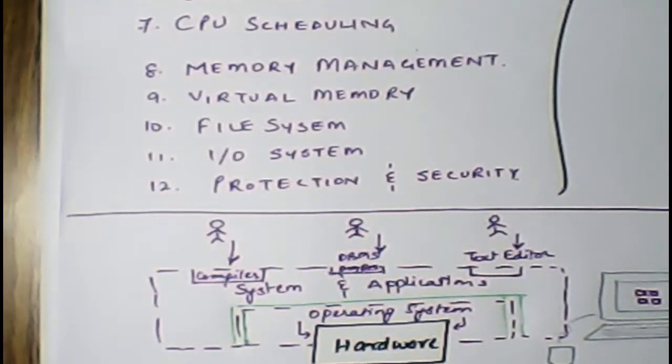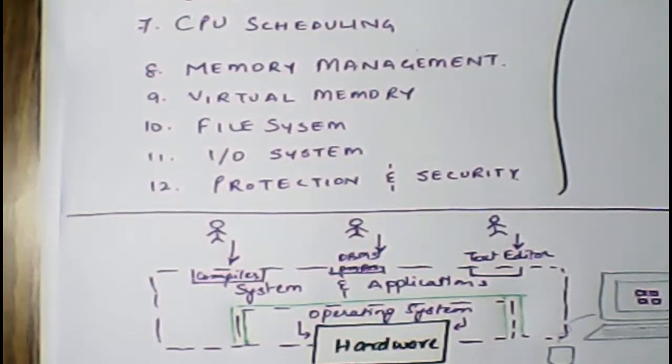We also say that operating system is the one which acts as an intermediary between user and hardware. So whenever a user wants to interact with the hardware, it wants to process something. What is a computer? Computer is somebody which is processing or doing some work, processing some processes. So when as a user I want to perform some task, then I need to interact with the hardware.